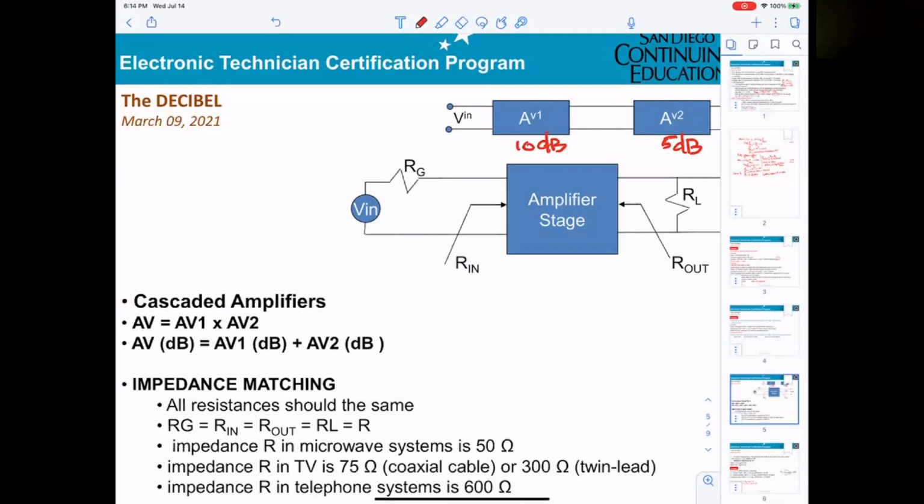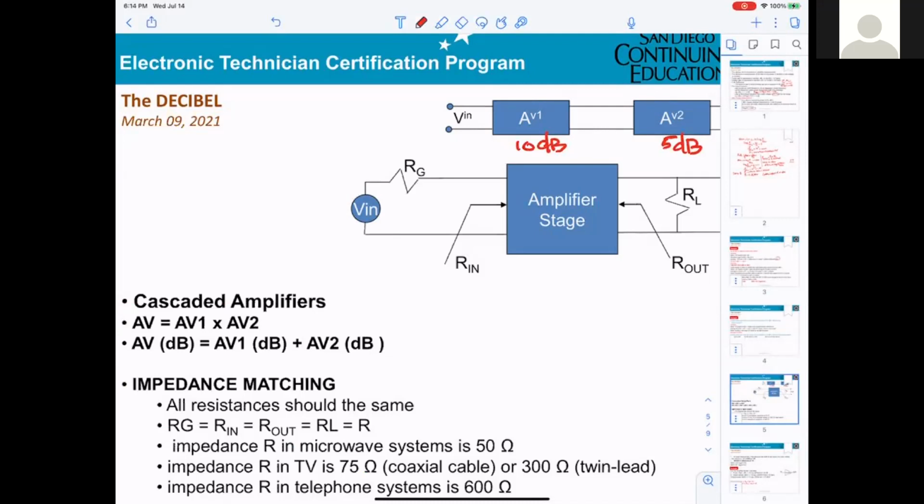Well, that's in dB, so that would fit the second one. Yeah, the second one says you get dB, so you would add them. That would be 15 dB. But that wouldn't fit the first one. Okay, so that's the example for the dB.